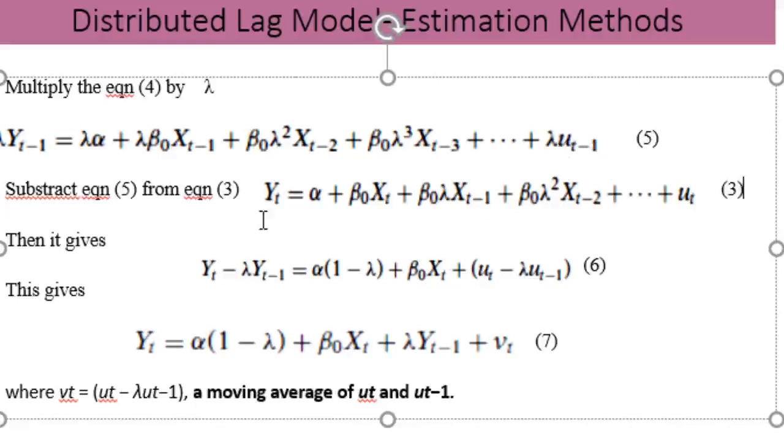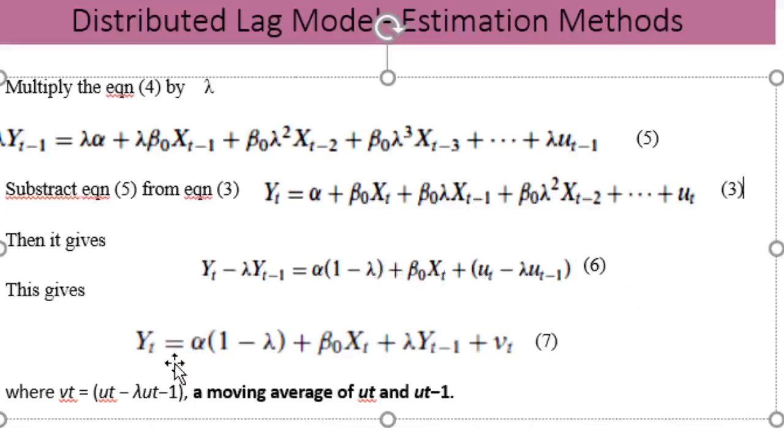Then we will get yt minus lambda yt minus 1 equal to alpha minus lambda alpha plus beta 0 xt minus lambda beta 0 xt minus 1 plus ut minus lambda ut minus 1. Then we will get yt minus lambda yt minus 1 equal to alpha into 1 minus lambda plus beta 0 xt plus ut minus lambda ut minus 1, the other terms will cancel out.